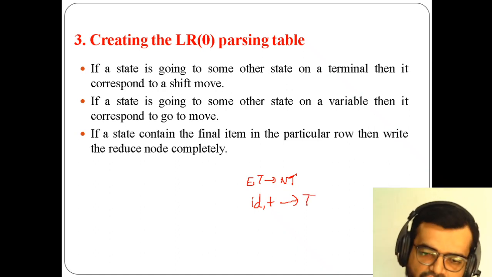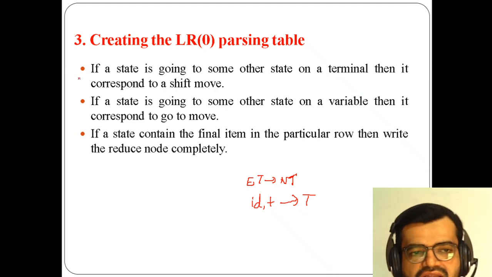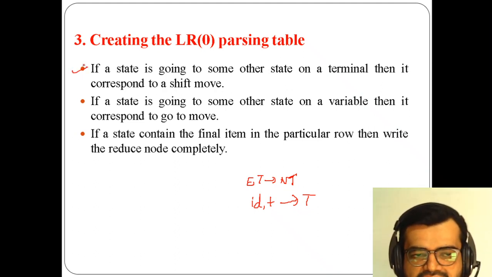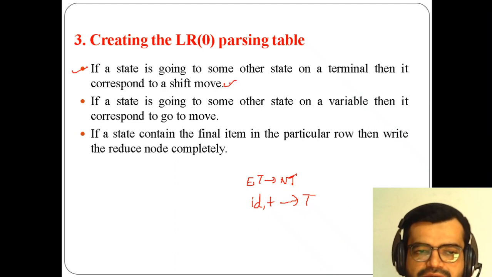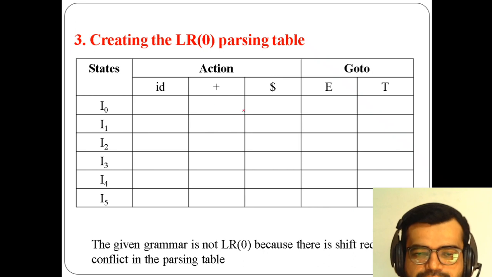So what is the first step in this one? The first step says that if you're going from one state to another state on a terminal, that means if you're using ID or plus, then you have to perform shift operation. Here in the action part, for ID and plus, you need to perform shift action only.